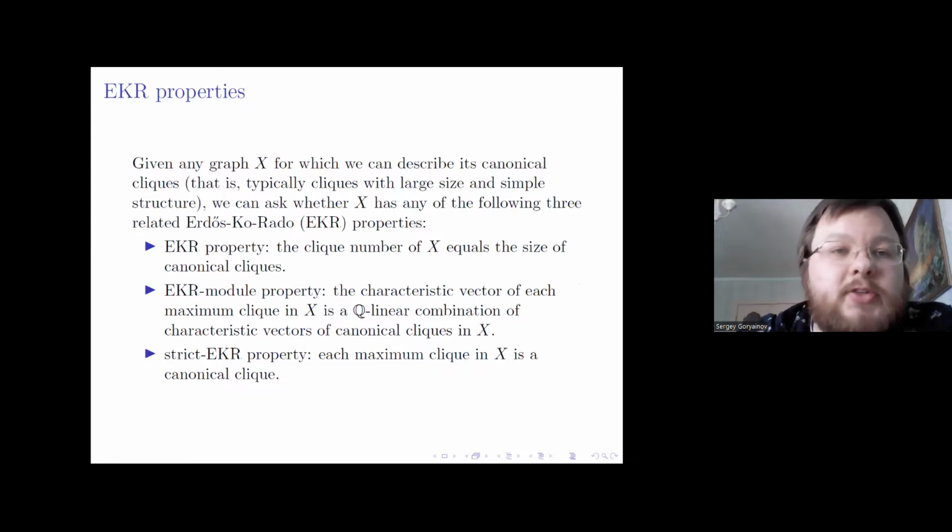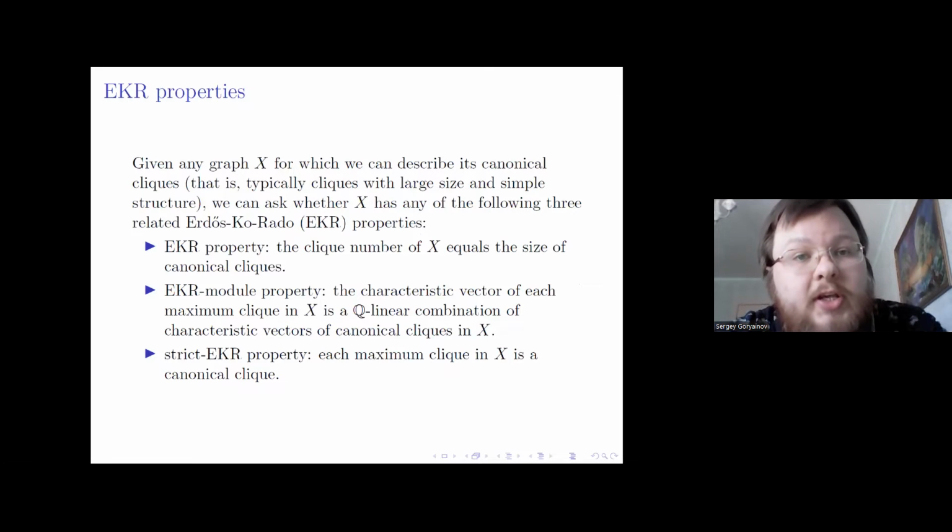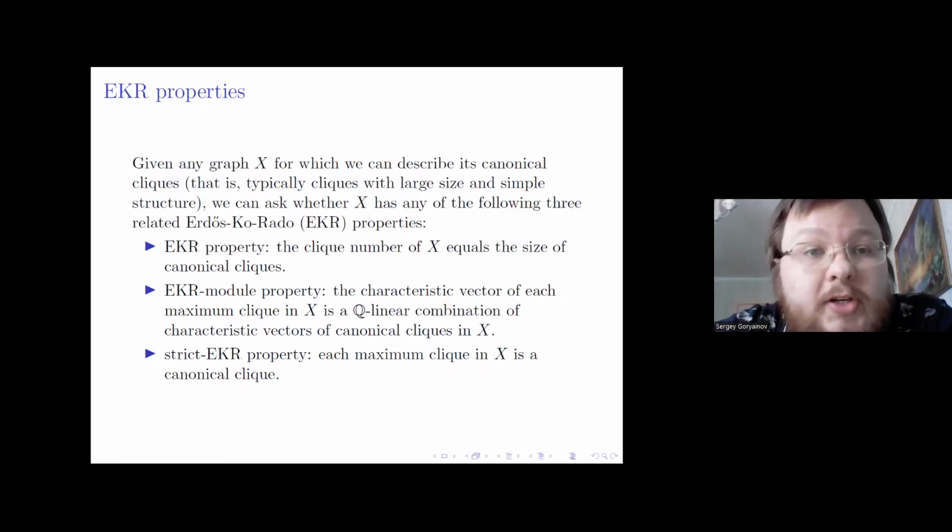And let me introduce EKR properties, or EKR properties for short. Given any graph X for which we can describe its canonical cliques, that is, typically cliques with large size and simple structure, we can ask whether X has any of the following three related EKR properties.